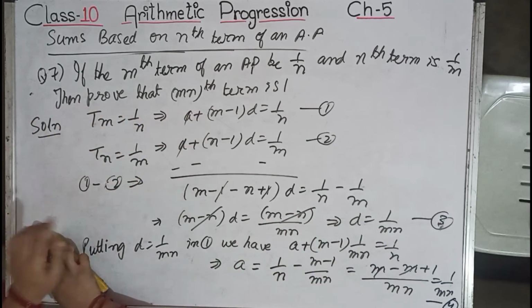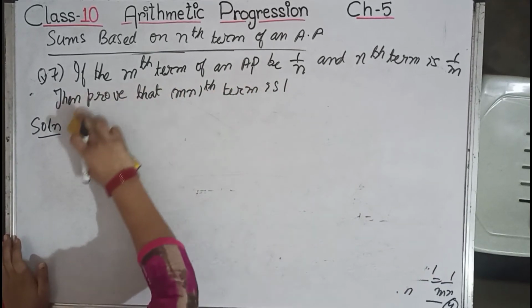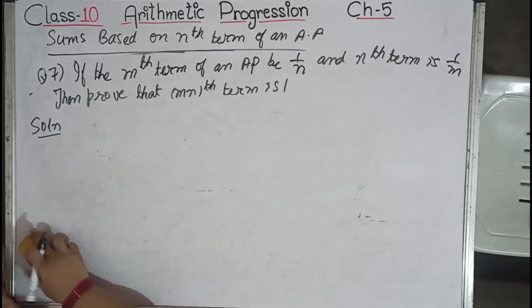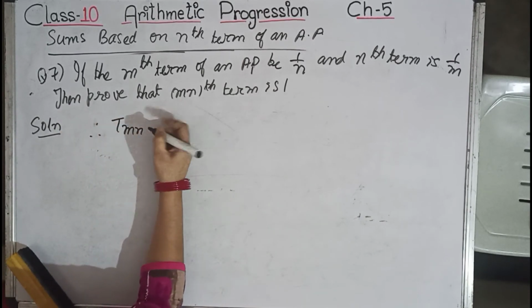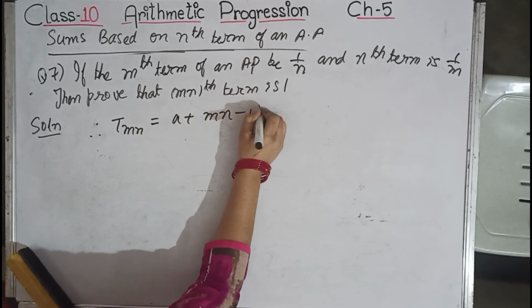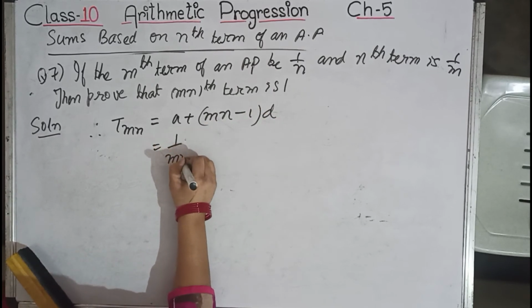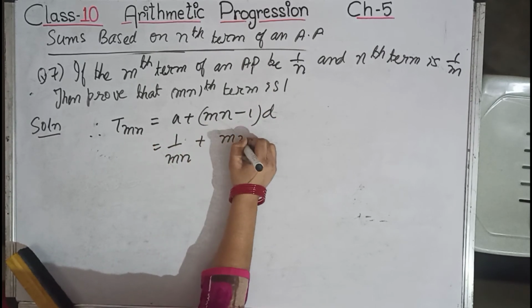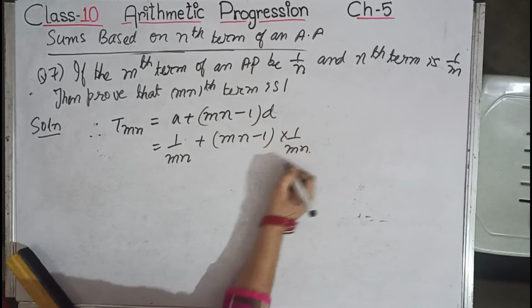Now we have to prove that the mnth term is 1. Remember the value of a and d. Therefore, mnth term equals a plus (mn minus 1) into d equals 1 by mn plus (mn minus 1) into 1 by mn.